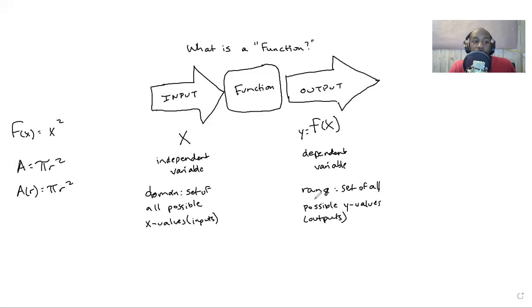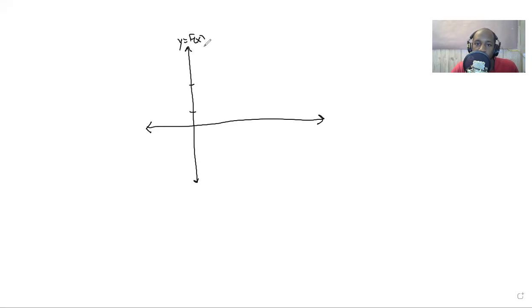Now, there are various ways that a function can be shown. Sorry, I'm getting ahead of myself. Let's look at a graph of a function. Graphing a function is a way that you can represent it graphically, or visually. Let's say on the y-axis, remember y is equal to f of x.